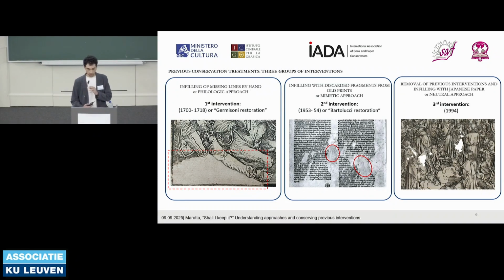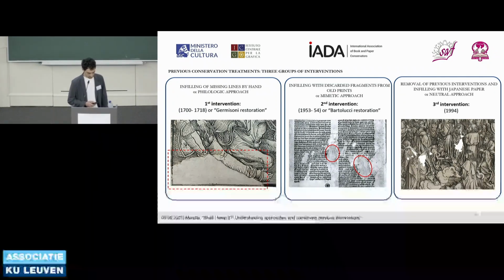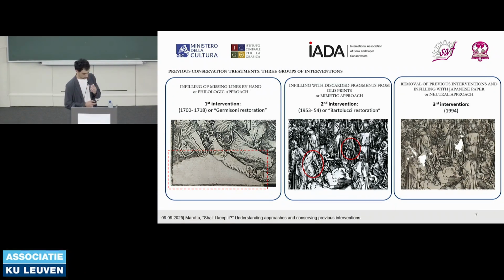But before going into the description of these layers, I will just quickly mention that the second intervention was revised during the third known intervention that was carried out in 1994. However, in this last intervention, the first intervention was not revised. This was basically the start of everything, of our questions.